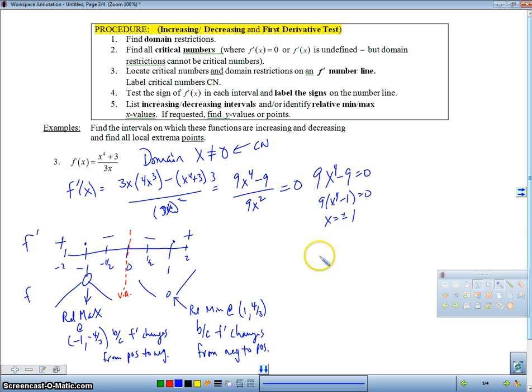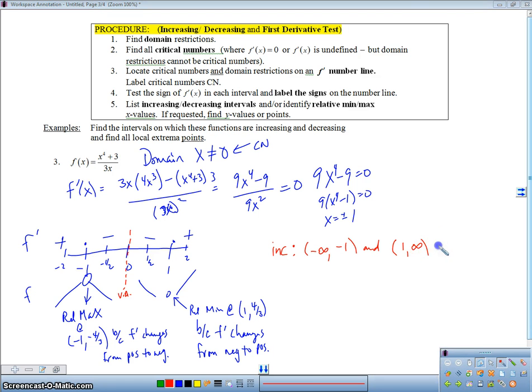Then we're going to do our increasing and decreasing. f increases from -infinity to -1, and it increases from 1 to infinity, since f prime is greater than 0.